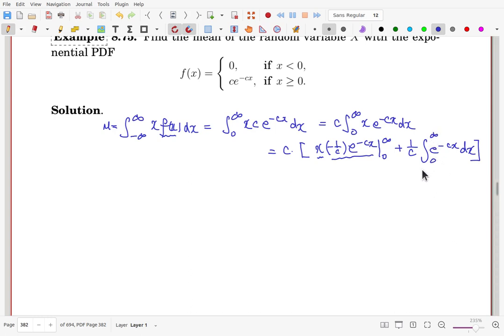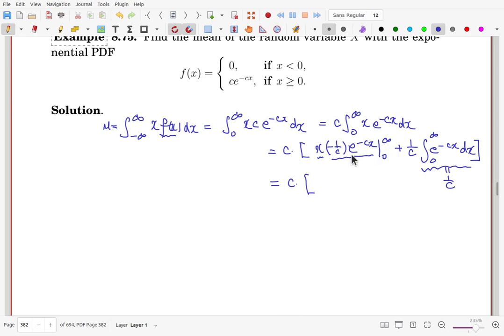For this one, in fact, if you take the integral along with the c, then the value is 1, so the integral itself must be 1 over c. So here we have this one, with c in front, and then the evaluation from 0 to infinity.